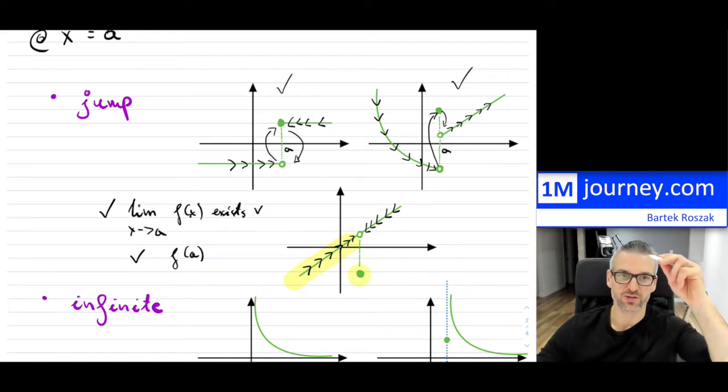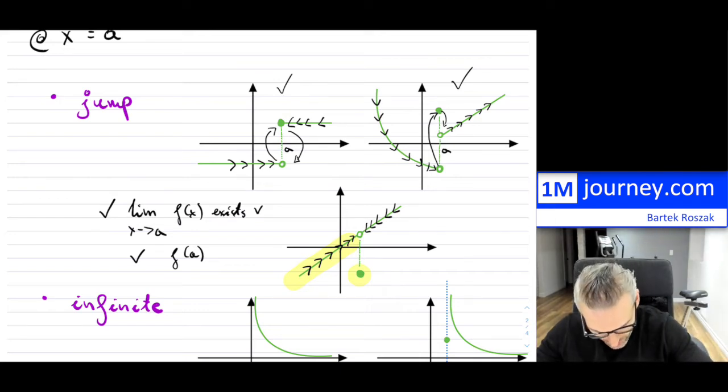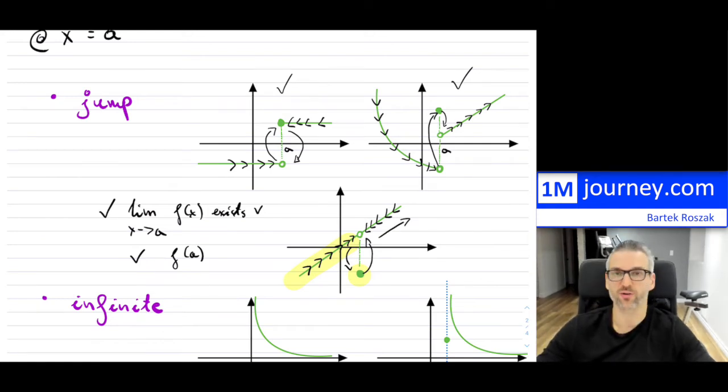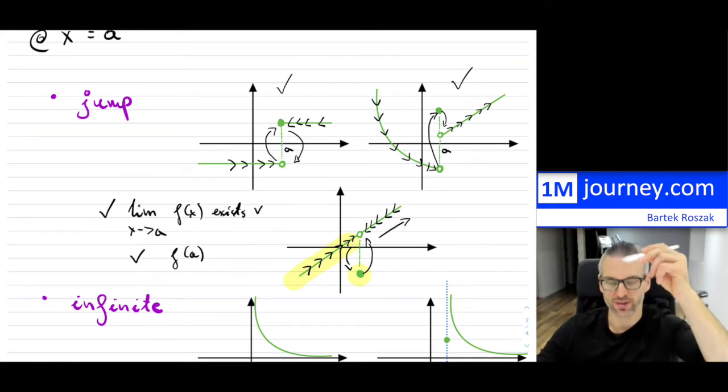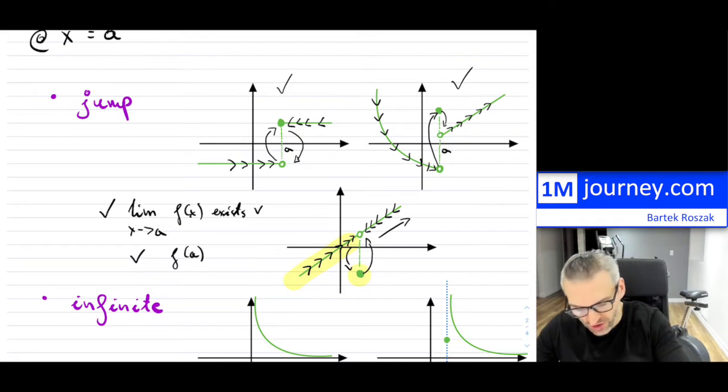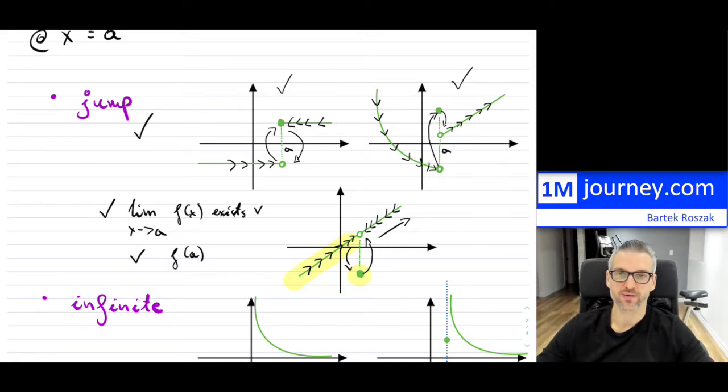So you're basically jumping down, and then you're going to be jumping back up, if you wanted to continue in this direction, or vice versa. So those are jump discontinuities. And in all of these cases, the function was actually defined at that A, but we still had a discontinuity.